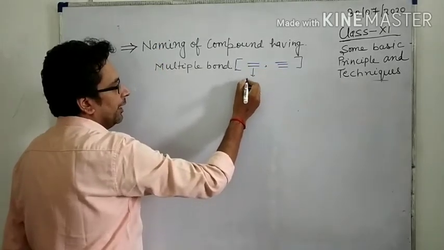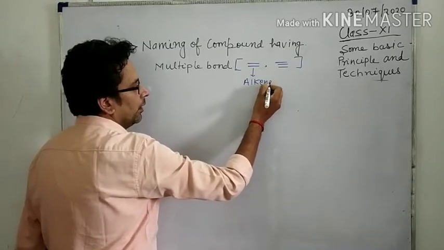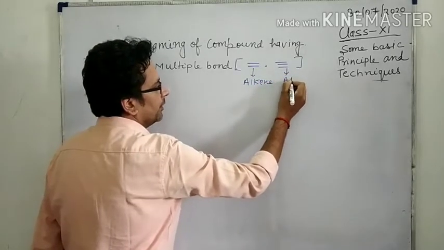Double bond means alkene and triple bond means alkyne.